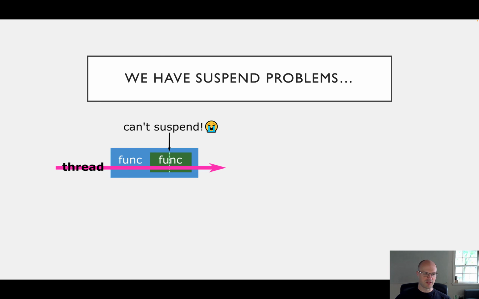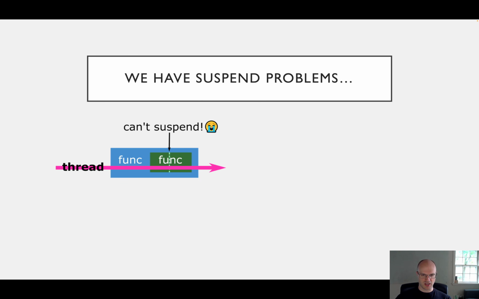So first of all, imagine I'm in this situation where I'm in my old non-suspending, traditional function, and I want to call a suspend function. How could that even work? Imagine if this green function could actually suspend, like we could set it aside and then resume it later.